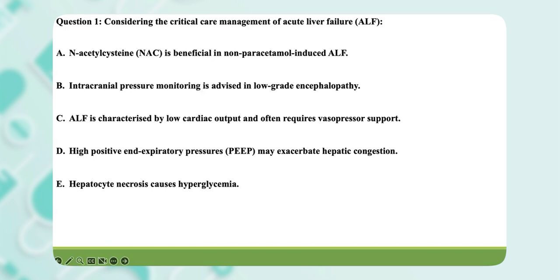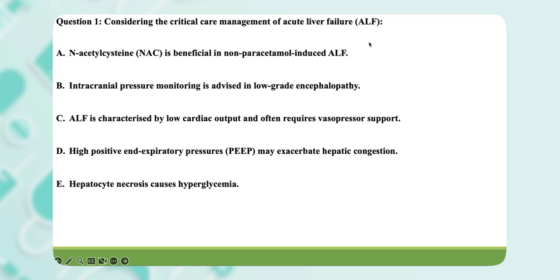Yeah, so let's see. Shrikant Koti has given an answer. This is a K-type question, so you have to answer in a true-false manner. N-acetylcysteine is beneficial: true. Intracranial pressure monitoring is advisable for low-grade encephalopathy?